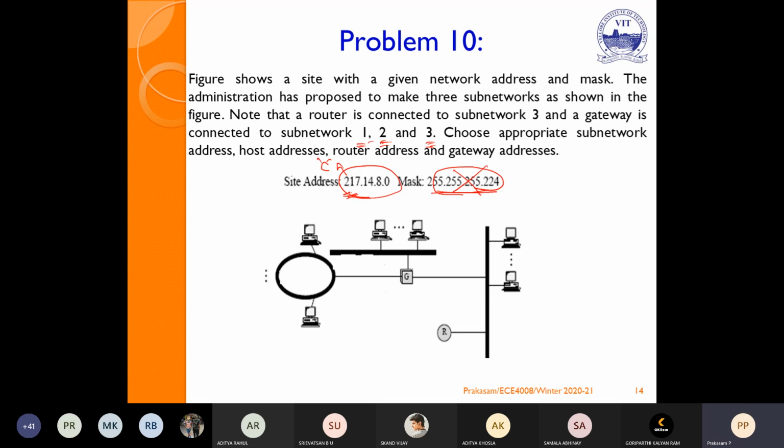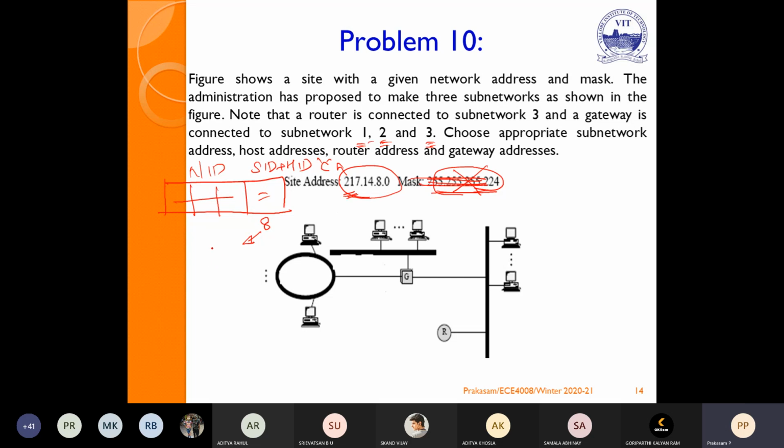It starts with 217, so it is class C. For class C, the first 3 bytes are network, and only the last byte is used to allocate for subnet plus host. Out of 8 bits, you have to decide how many bits will be used for subnet and how many for host.